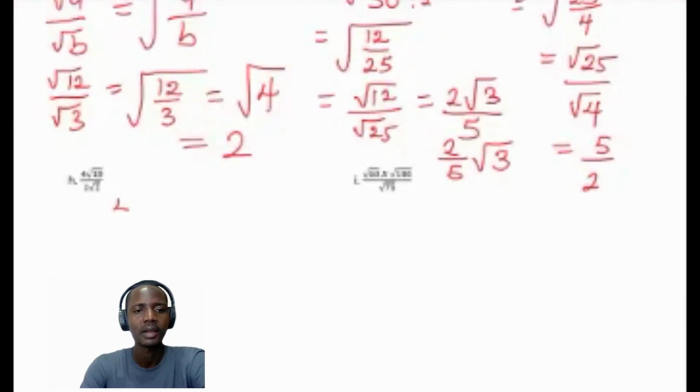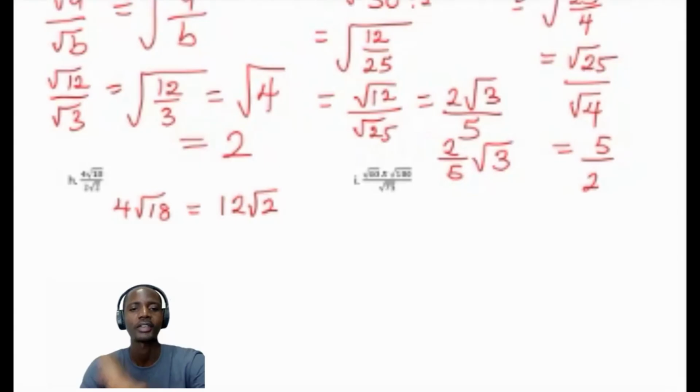We know that 4 root 18 is the same thing as 12 root 2. So do you agree? Yes, because root 18 is 9 times 2, and square root of 9 is 3. Now 3 times 4, that gives 12. So 12 root 2.